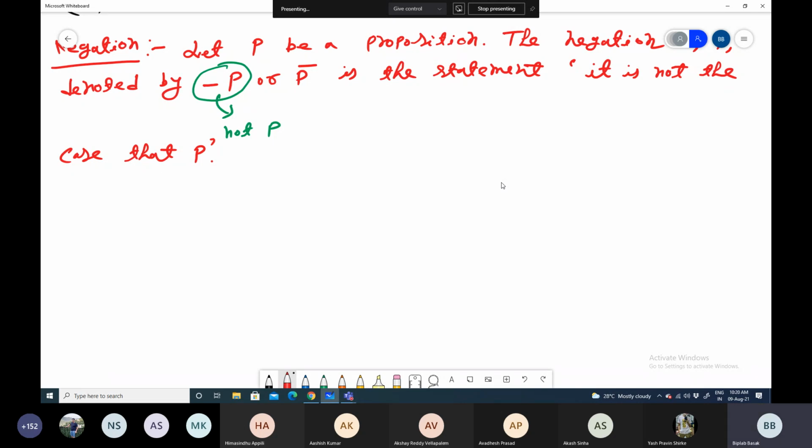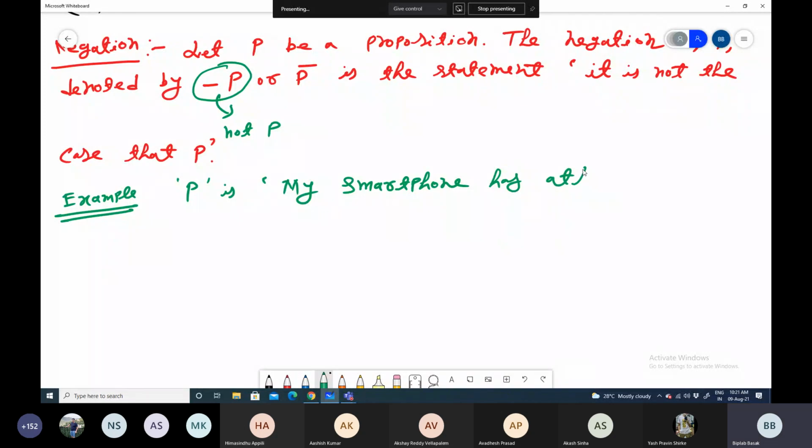For example, suppose P is the statement: my smartphone has at least 32 GB of memory.